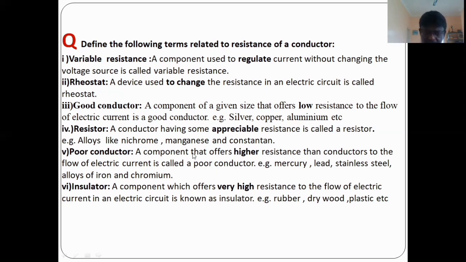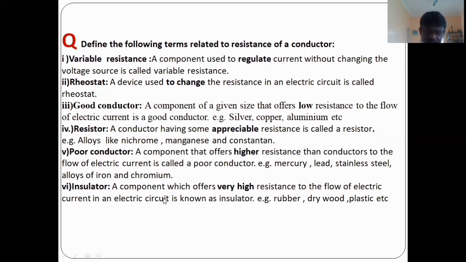Mercury, a metal; lead, a metal; and stainless steel, an alloy, are the best examples. They oppose the flow of electric current the most.